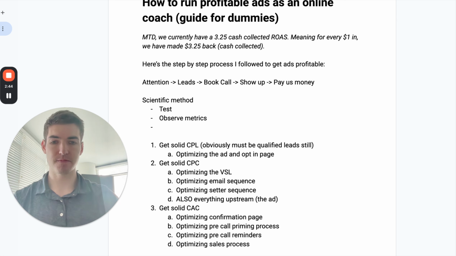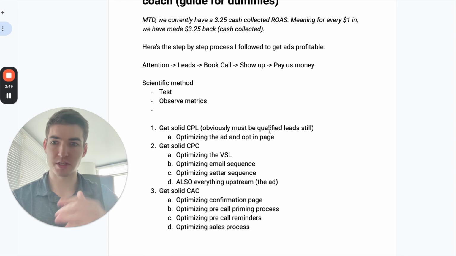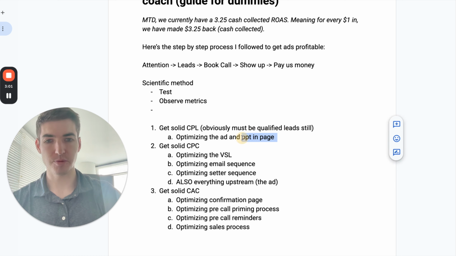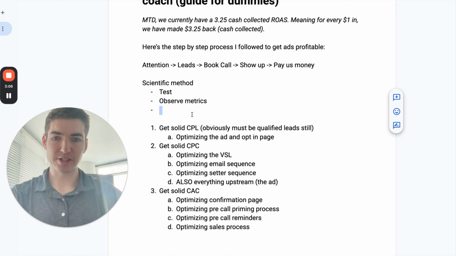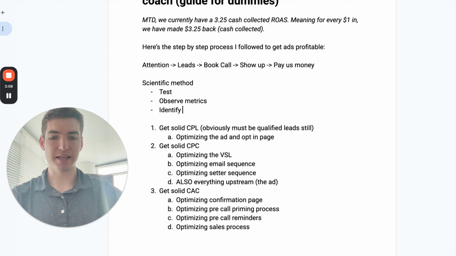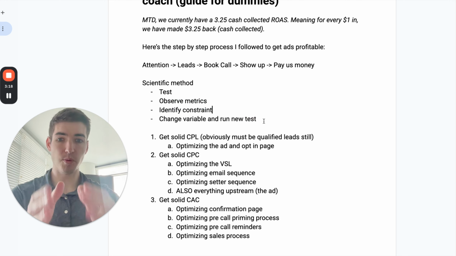For example, if we're getting a ton of clicks, but on the opt-in page there's a ton of drop off, for example, we're getting super cheap cost per clicks on the ad, but then we're getting all these people to go to the opt-in page and no one's actually opting in, there's probably a breakdown here. Maybe there's incongruency. Maybe the messaging is bad, the copy is bad. So we observe metrics, identify the constraint, and then change a variable and run a new test. And you just repeat this. This is the scientific method. This is literally what we do at every step of the funnel.